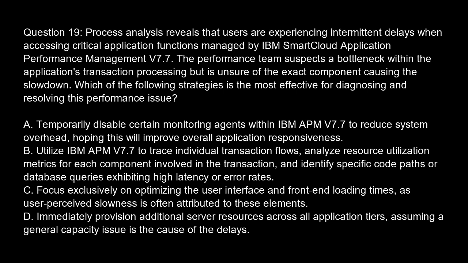Option C. Focus exclusively on optimizing the user interface and front-end loading times, as user-perceived slowness is often attributed to these elements. Option D. Immediately provision additional server resources across all application tiers, assuming a general capacity issue is the cause of the delays.